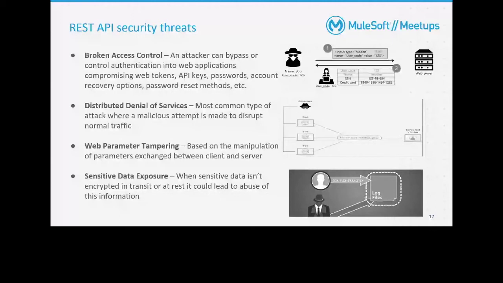Web parameter tampering. This is based largely on manipulation of parameters. These are query parameters in a URL or a request that are exchanged between client and server in order to modify application data. So this is also one of the examples.